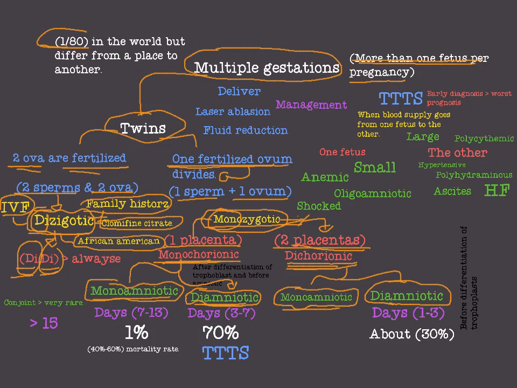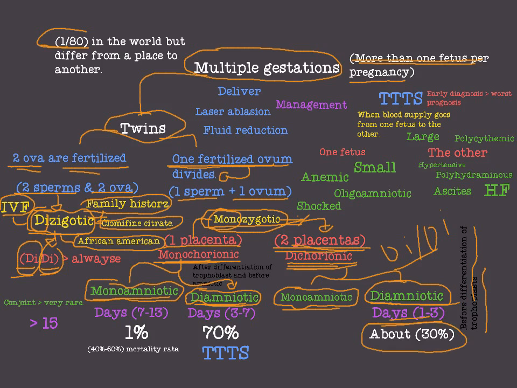If the separation occurs in the first 3 days, from day 1 to 3, then both babies will have two placentas and two amniotic sacs. So they will be dichorionic diamniotic. This is in the case of separation in the first 3 days, before differentiation of the trophoblast, and that constitutes about 30% of all cases.